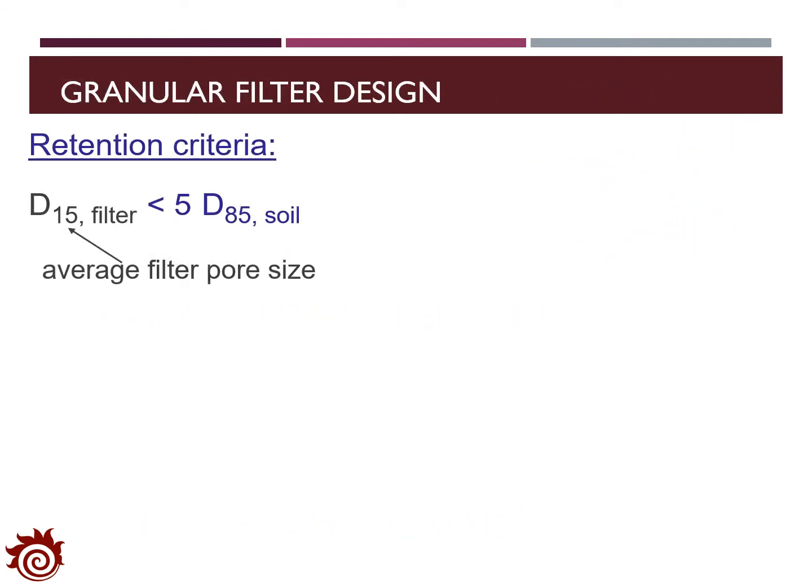In granular filtering design for drainage, the selection of the filtering materials should satisfy both the retention criterion and permeability criterion. For retention criterion, we want to make sure that D15 filter is less than 5 times D85 soil. Here, D15 filter is the grain size with 15% passing for the filtering material, and D85 soil is the grain size of 85% passing for the soil material.